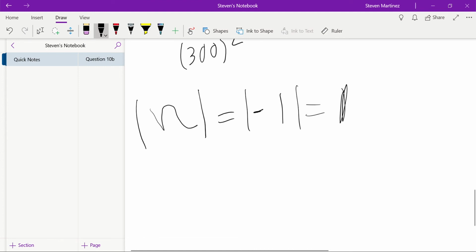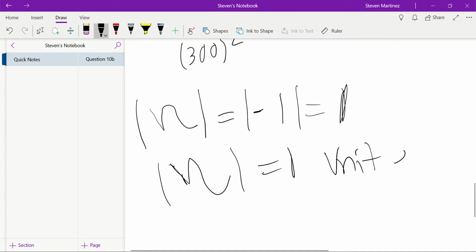So the rule here says when eta is equal to 1, that means our demand is unit elastic.